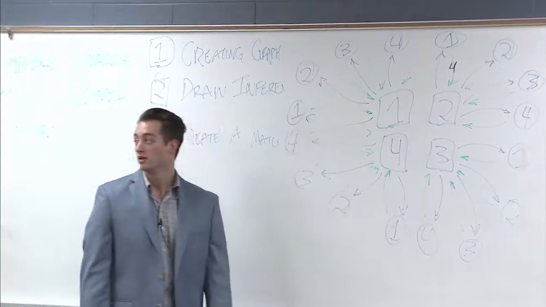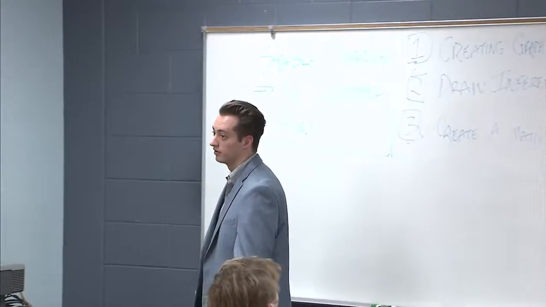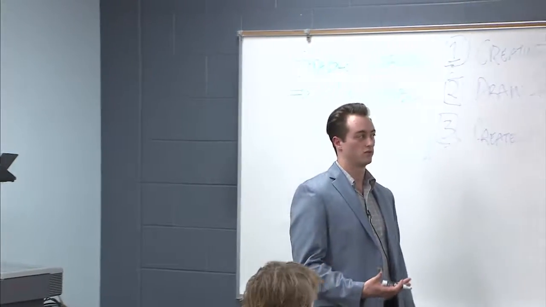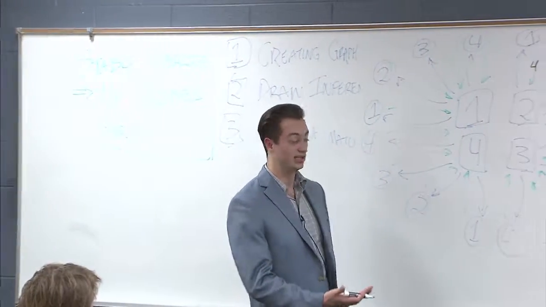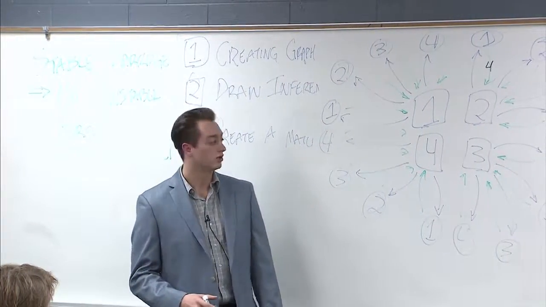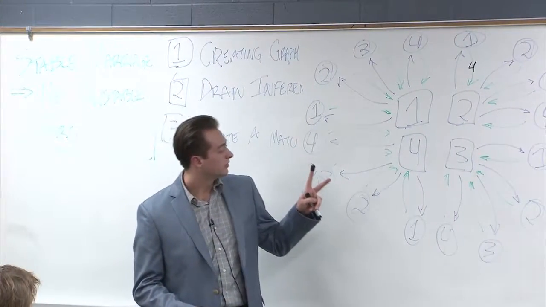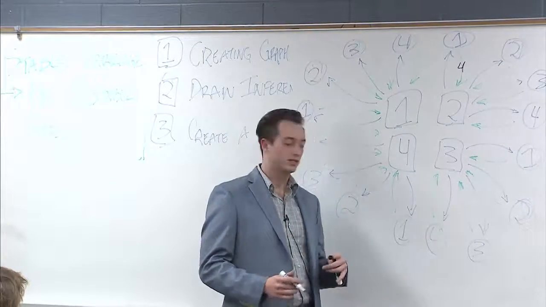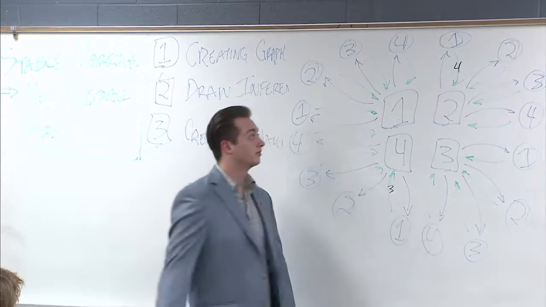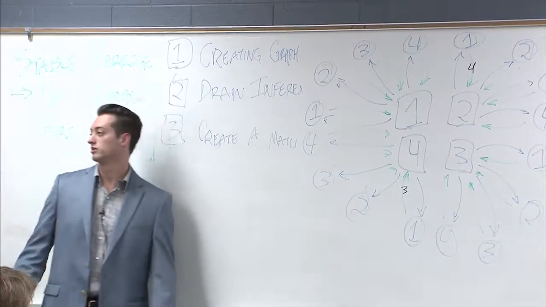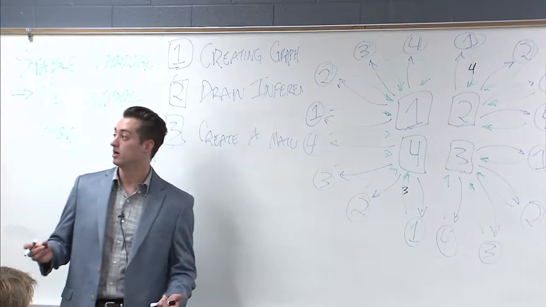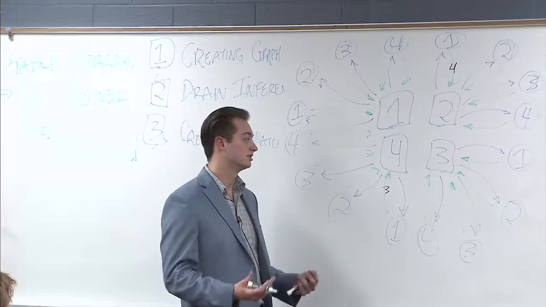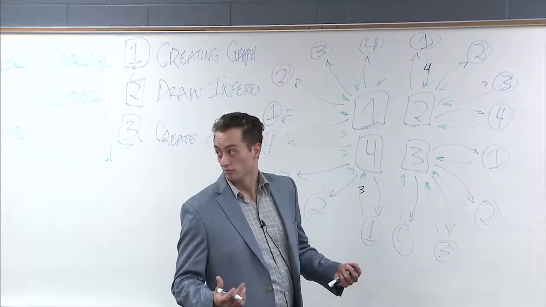And now, continuing on, from woman number 1 to man number 4, less favorable match. So we're going to assign it a lesser value. So woman number 1 to man number 4 gets a value of 3. And then continuing on, woman number 1 to man number 3 gets a value of 2 because it's a less favorable match as well.